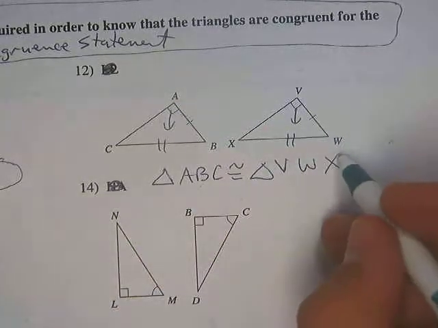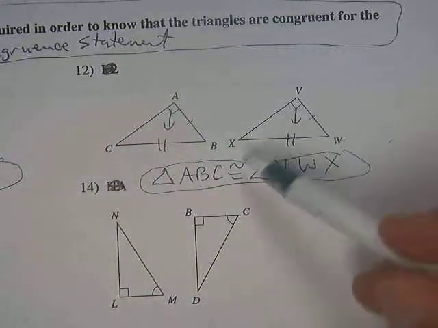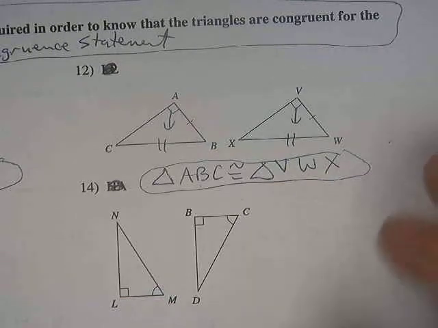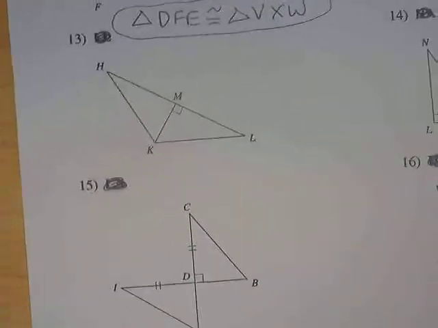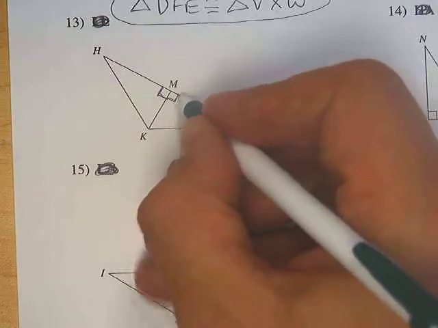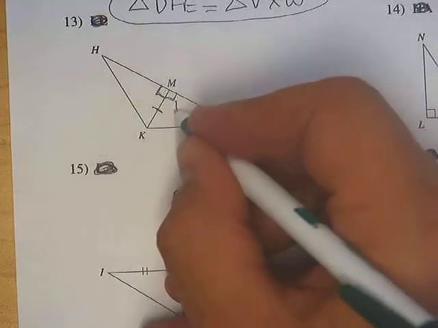Again, AB has 1 mark, VW has 1 mark, BC has 2 marks, WX has 2 marks, and V and A both have the same right angle. See what I'm doing? Every time you write a congruent statement, if you want to get this correct, make sure you check to make sure the corresponding parts are congruent.